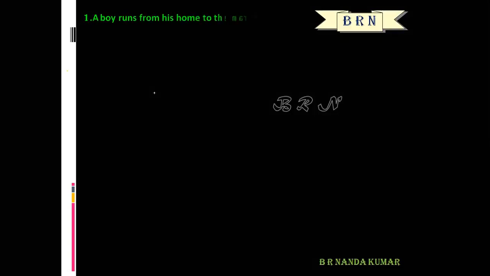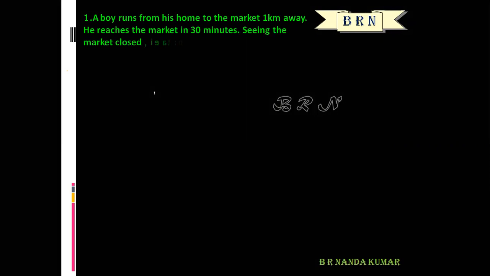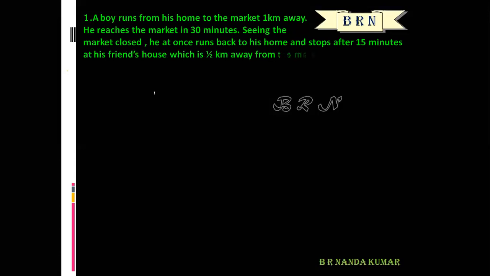A boy runs from his home to the market 1 kilometer away. He reaches the market in 30 minutes. Seeing the market closed, he at once runs back toward his home and stops after 15 minutes at his friend's house, which is half kilometer away from the market.